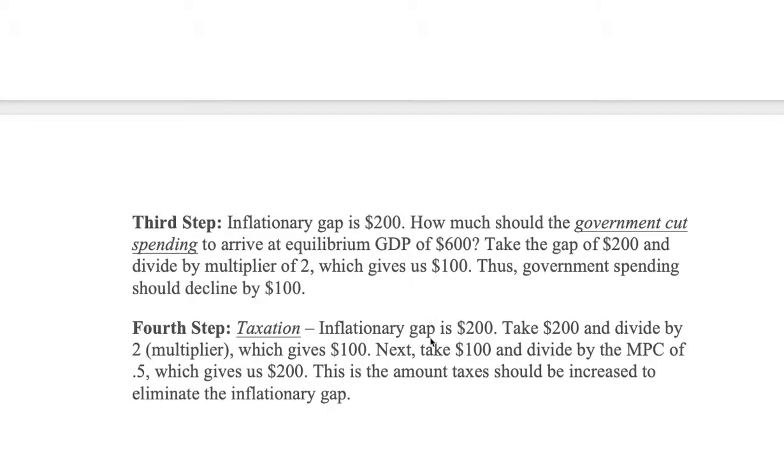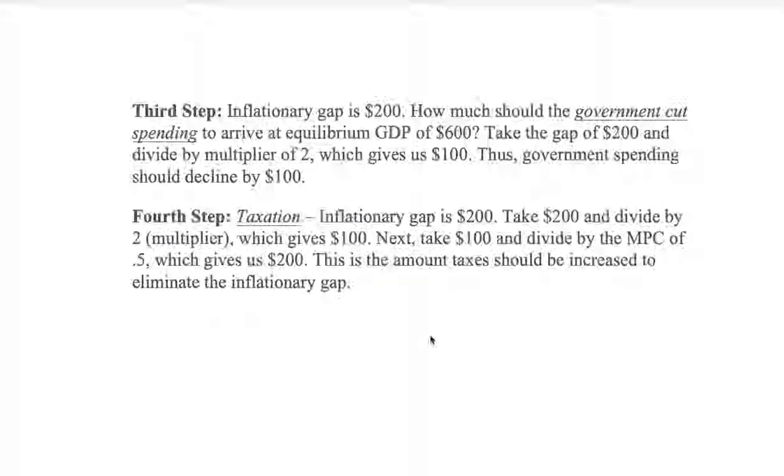The third step: how much should government spending be reduced? Government spending is a component part of the equation GDP equals C plus G plus Xn.